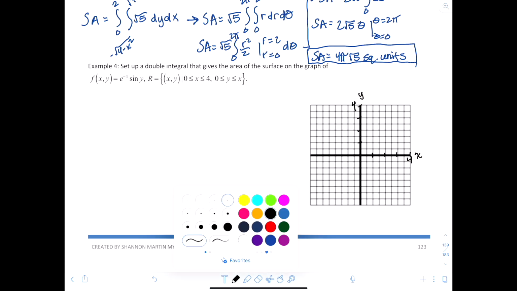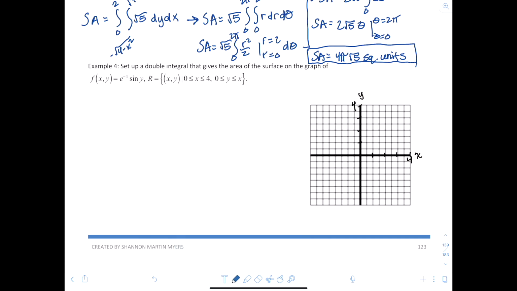So we would have the line y equals x, and then we'd also be bound here and here for the other bounds. So that gives our region right here.